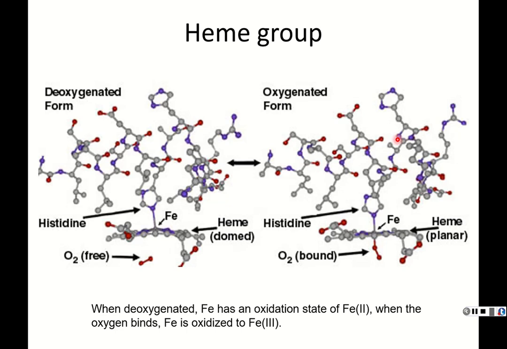When deoxygenated, the iron has an oxidation state of +2. When oxygen binds, iron is oxidized to iron 3. So that's another difference. The iron goes from +2 to +3.